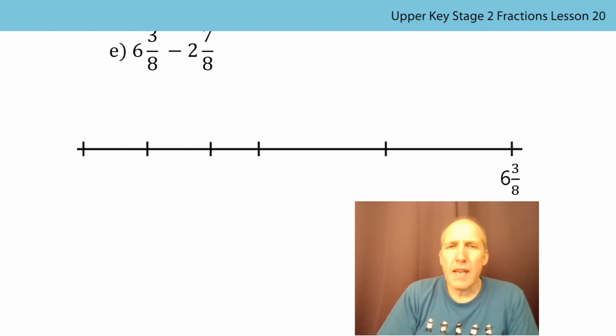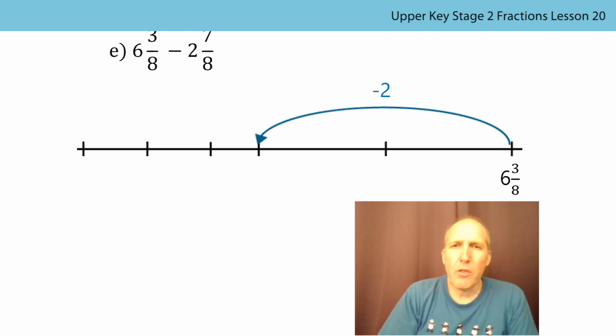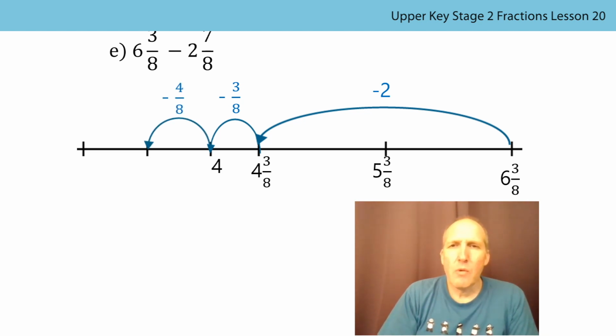Start at 6 3/8, and then if we subtract the whole number part, so we're going to subtract the 2, that takes us to 4 3/8. Now we can use the 4 to bridge. So we're going to subtract 3/8, and then we need to subtract another 4/8, which takes us to 3 4/8.